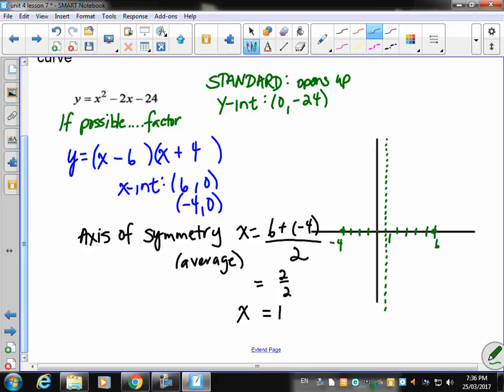I know that it opens upwards, and I know my y-intercept is -24. It's not to scale. So my vertex must be a little bit lower than -24 so that I could have an upward curve.